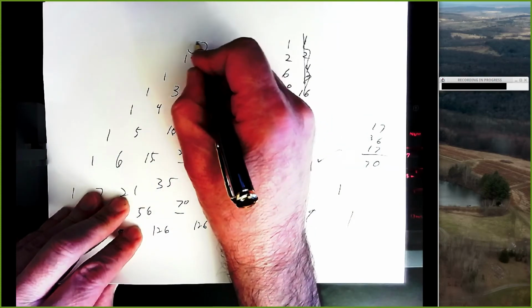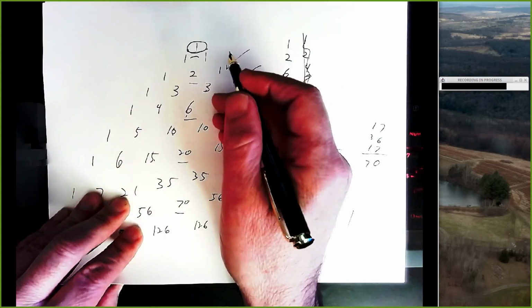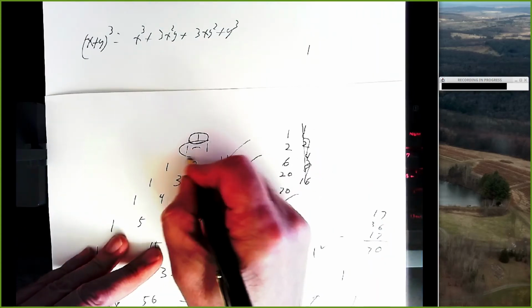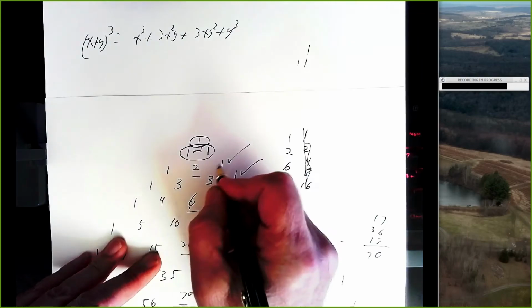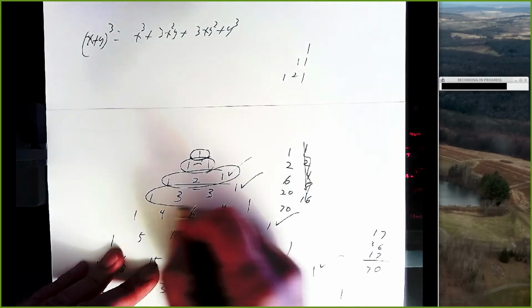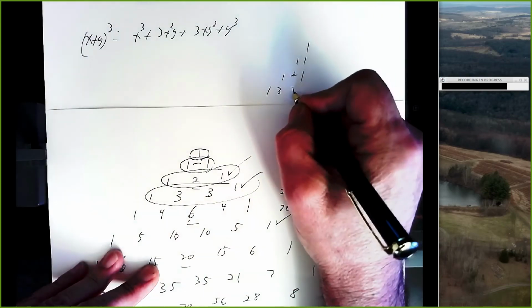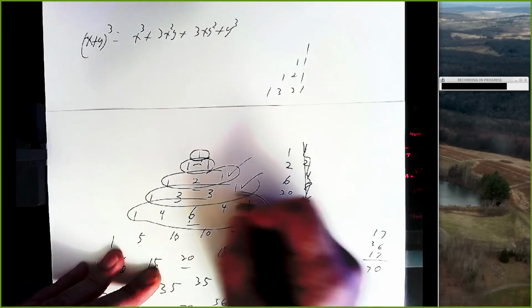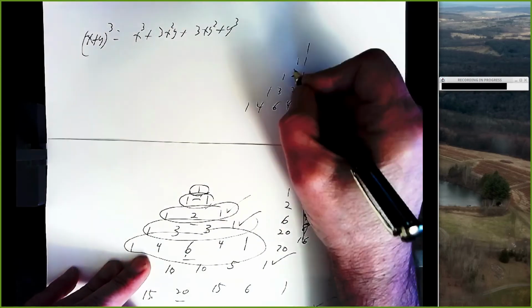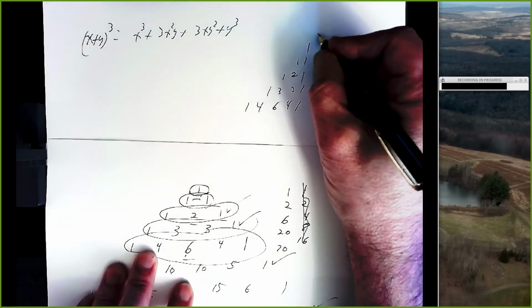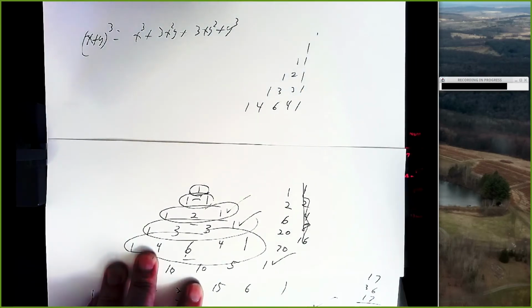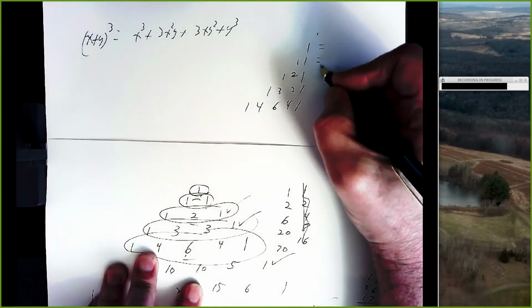Take a look at this number right here. If we just read across each row and think of it as a number, this is the number 1. This is the number 11. This is the number 121. This is the number 1,331. And this is the number 14,641. Is there a connection between these numbers? Is there a formula for these?